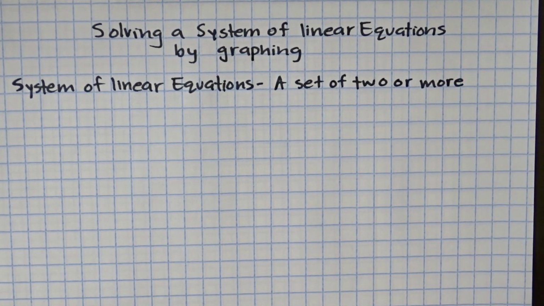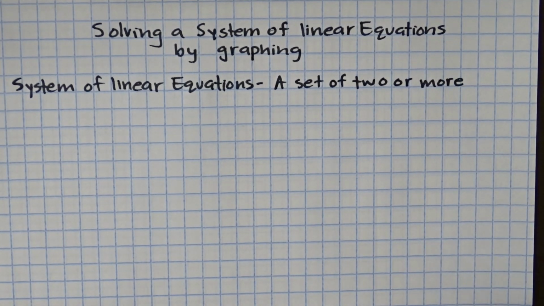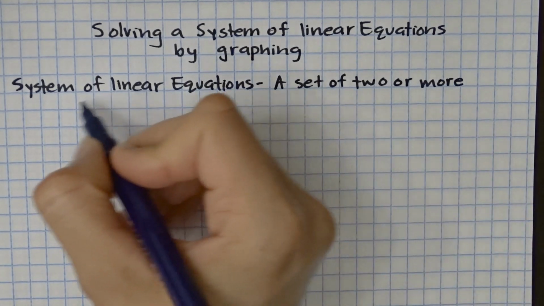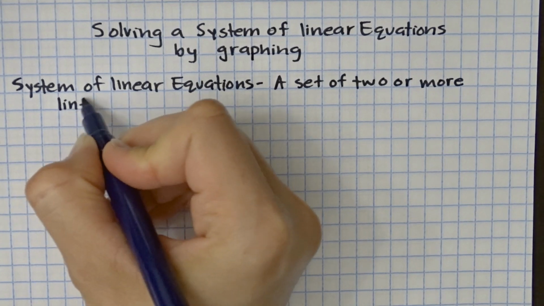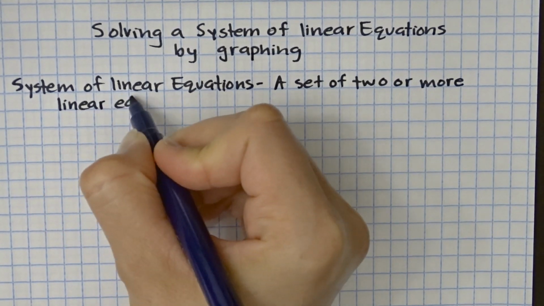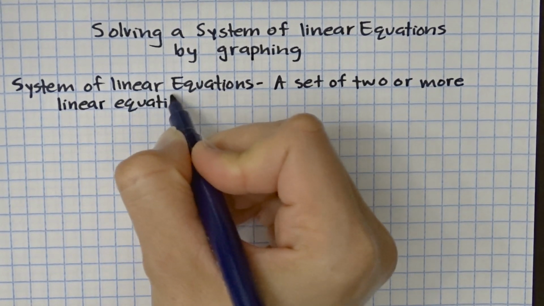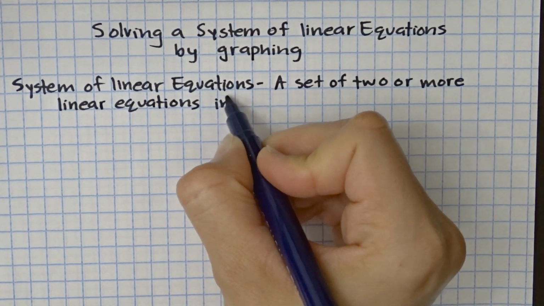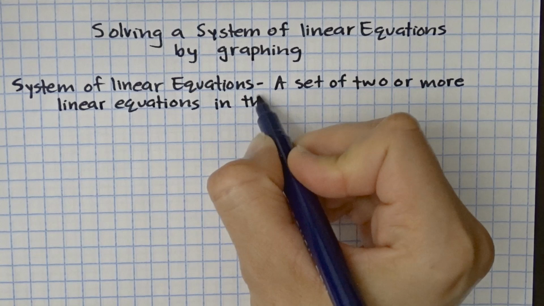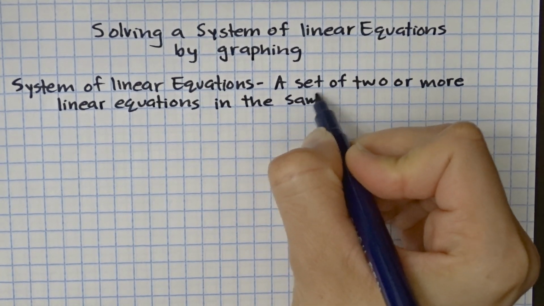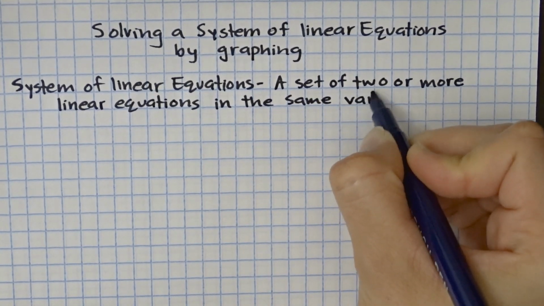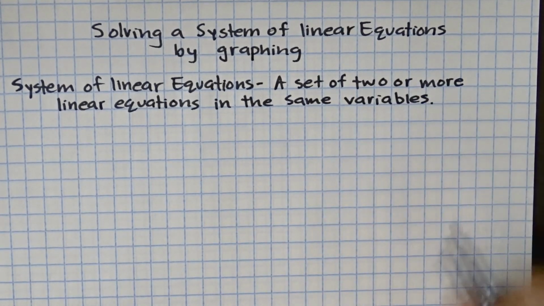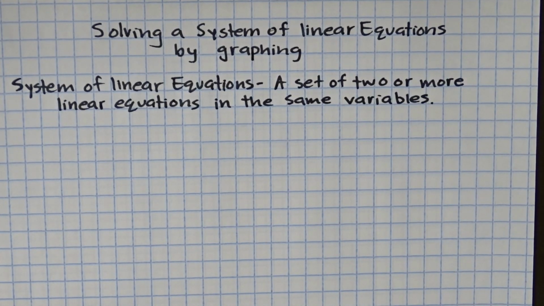We might think of it as a group, a couple, a few, but in math we call it a system. A set of two or more linear equations. And what it means by in the same variables, meaning both equations will have the same variable.